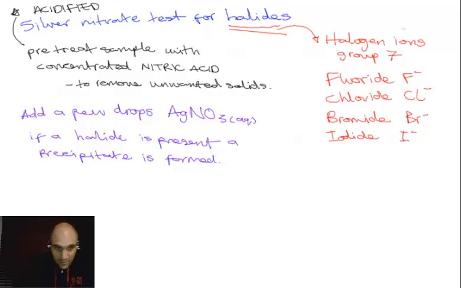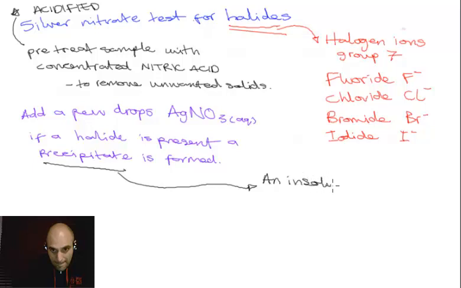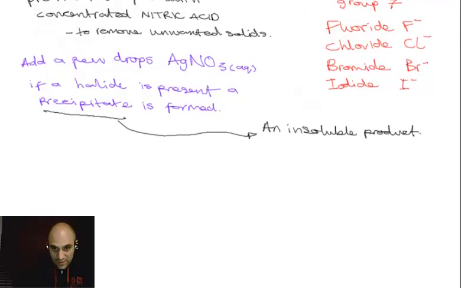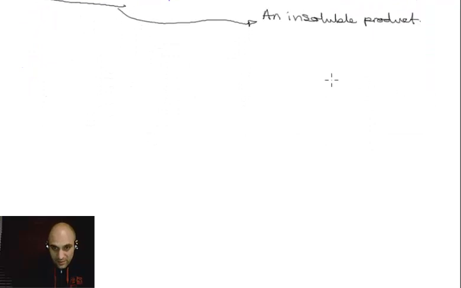Now, I hope you know that a precipitate, let me underline that, is just an insoluble product. Okay? Alright, wonderful. So let's just drag that down a little bit. So what do you get?